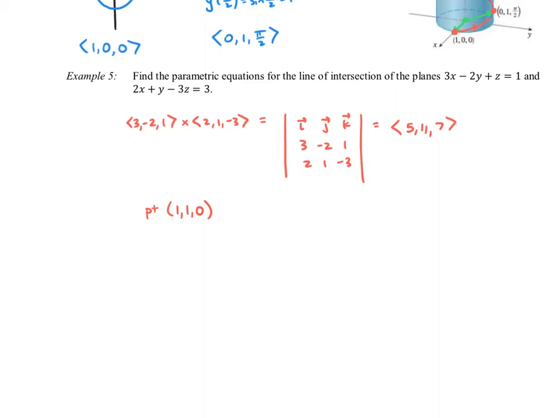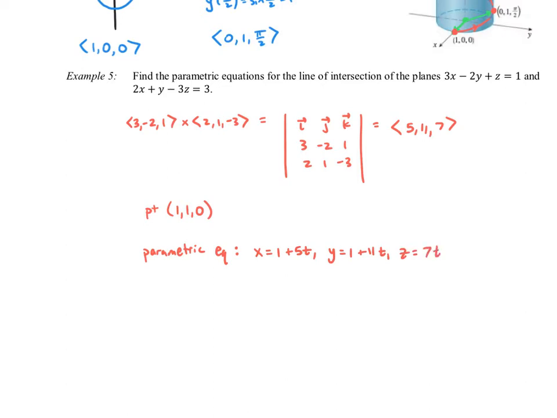Okay, the parametric equations then, which is what the problem is asking us for, and then I'm going to give the other equations too, is x equal to 1 plus 5t, and y equal to 1 plus 11t, and z equal to 0 plus 7t.